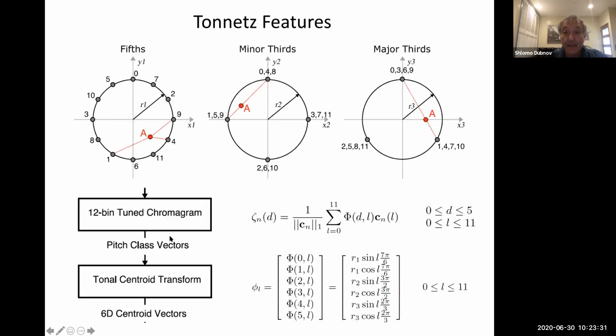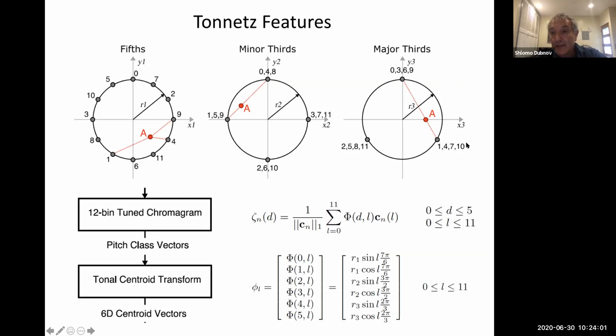And apparently this representation also captures relations between chords and notes. This is actually relations now not between notes, but between chords. So if you have an A major chord, you need to go slowly through the whole derivation to find out why the chord will be given as a position in this space.